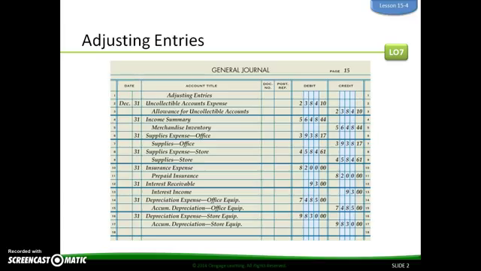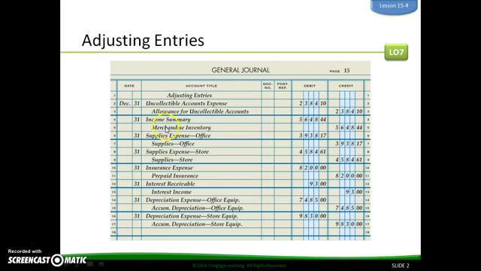So you can see this is page 15 of the General Journal, and we are putting in the adjusting entries. So you want to make sure that you put the heading in here that we are working with adjusting entries, and then again, all of the adjusting entries are happening at the end of the year. We're debiting and crediting uncollectible accounts expense and then allowance for uncollectible accounts.